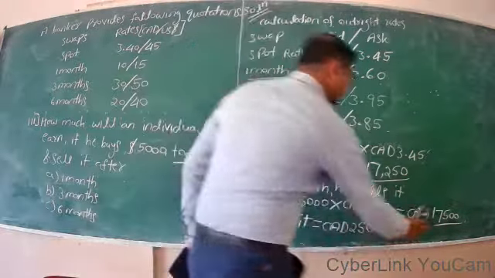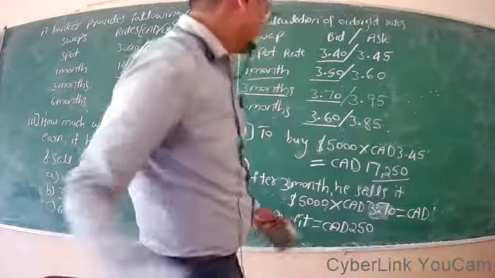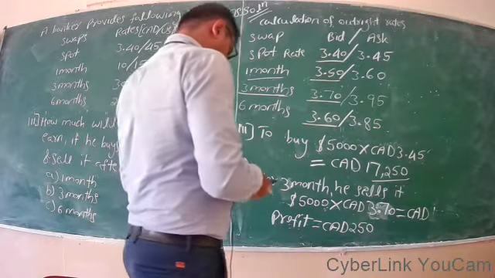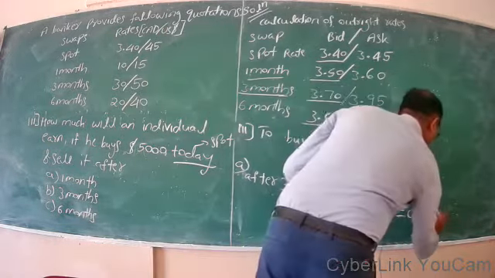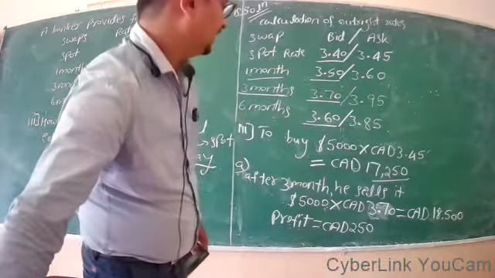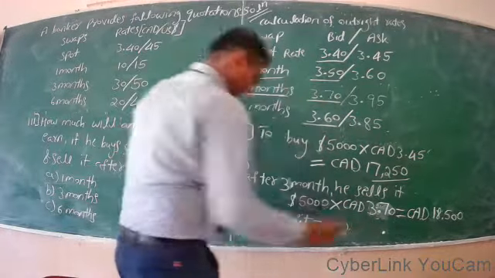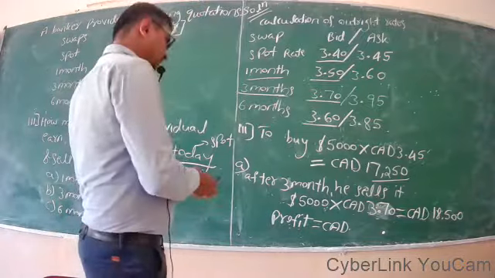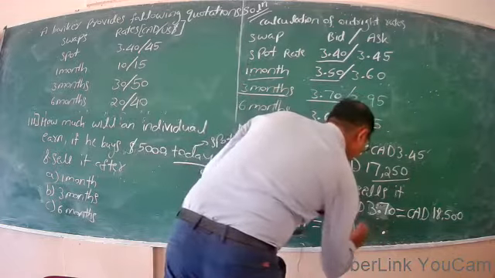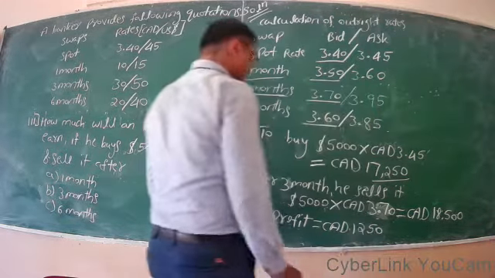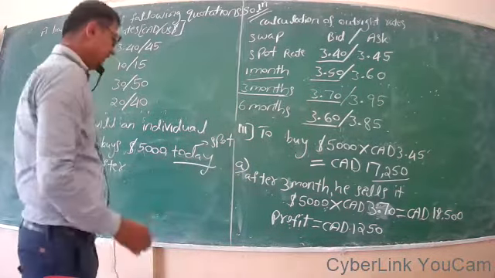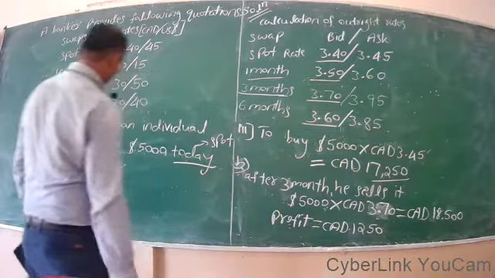That comes up to 18,500 Canadian dollar, and the profit is 18,500 Canadian dollar minus 17,250 Canadian dollar is Canadian dollar 1,250 if he sells after 3 months, right? Now, this is the solution to question number B.